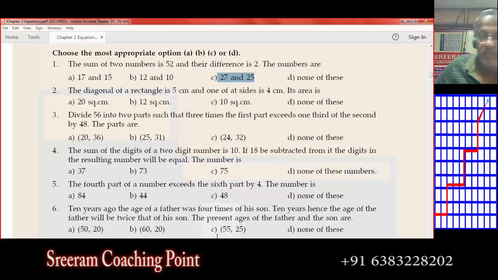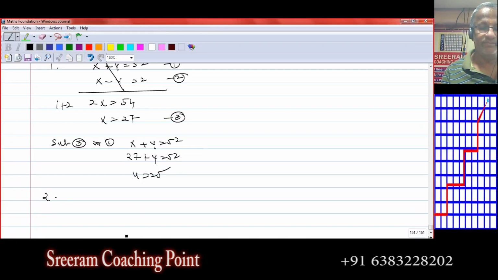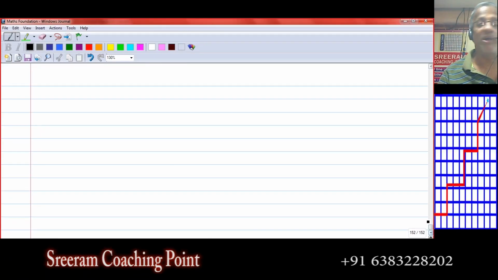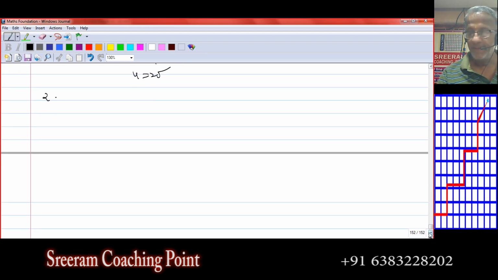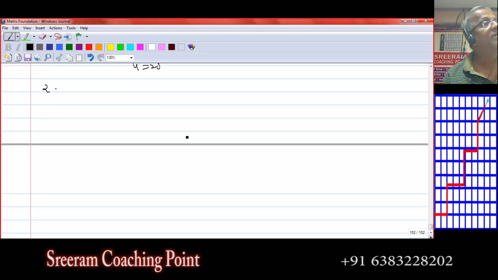None of this. See, firstly, we should know the diagram. We should know the property. Only then we will be in a position to apply. What is a rectangle? Rectangle has got 4 sides. Two opposite sides will have equal measurement.